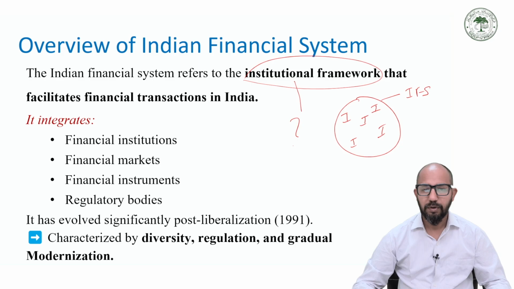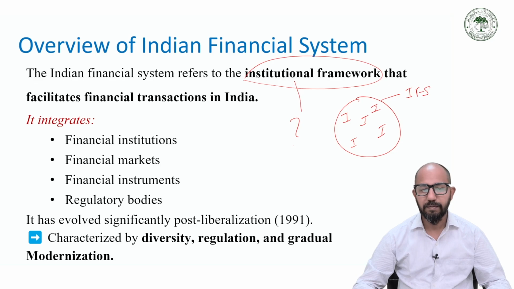The complementary behavior and mechanism of institutions and the financial system is very important. Therefore, institutional framework is not something which can be undermined. It is something which can help to grow. It is something which will improve. It is something which can determine whether the financial system will become smooth or not.